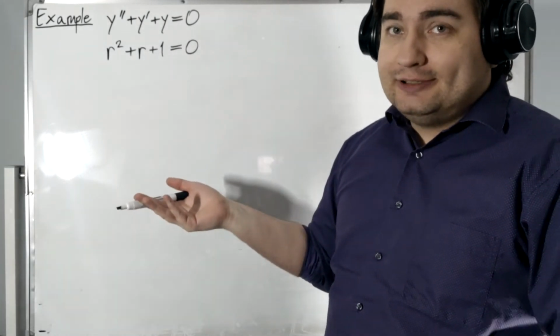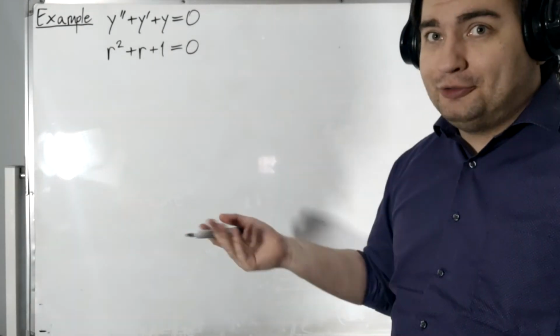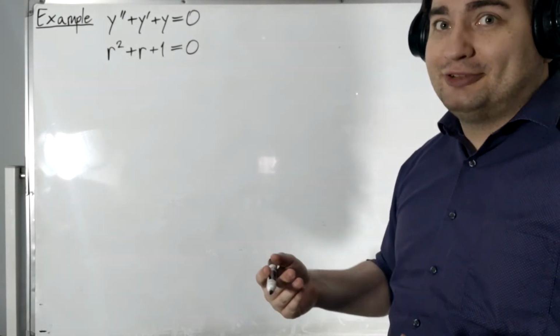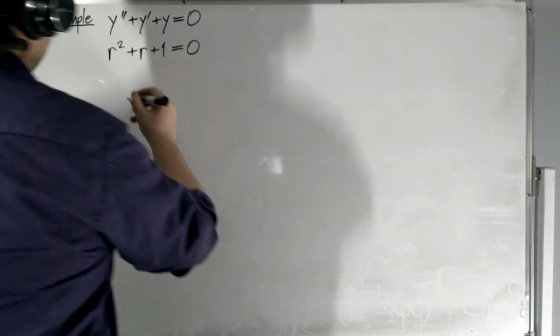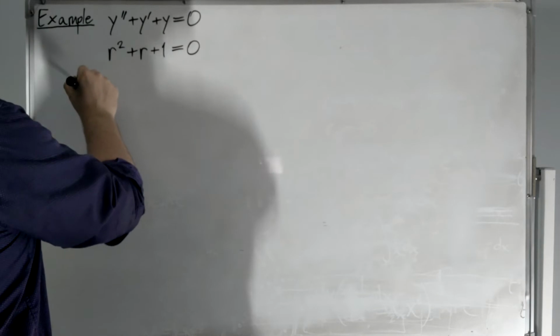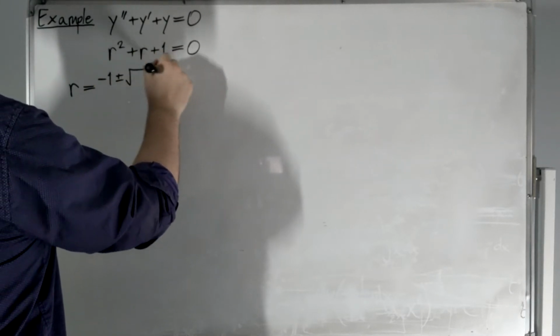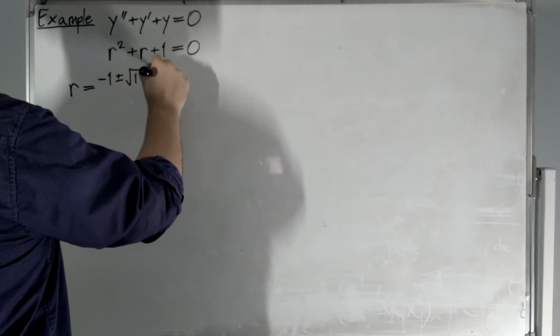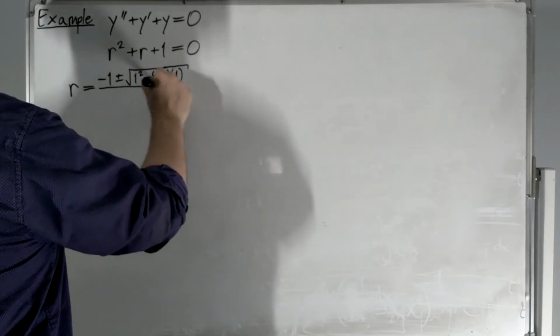Since the discriminant is negative, that means that we have no real roots. So the roots are non-real. We can figure them out using the quadratic formula: negative b plus or minus the square root of b squared minus 4ac, divided by 2a.